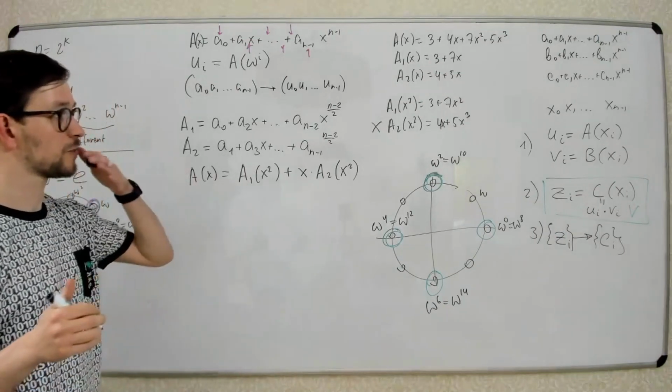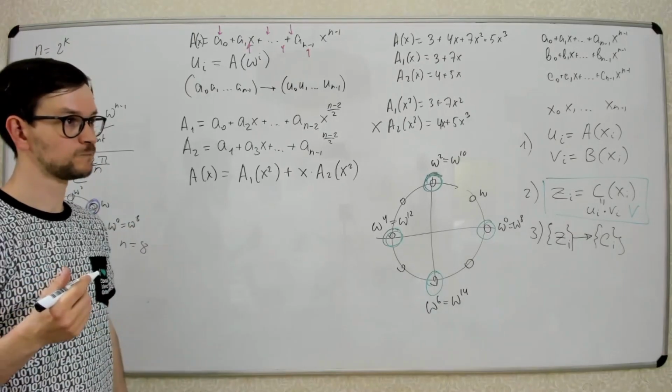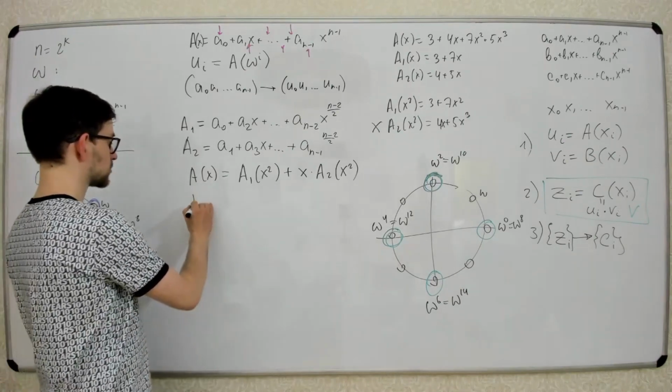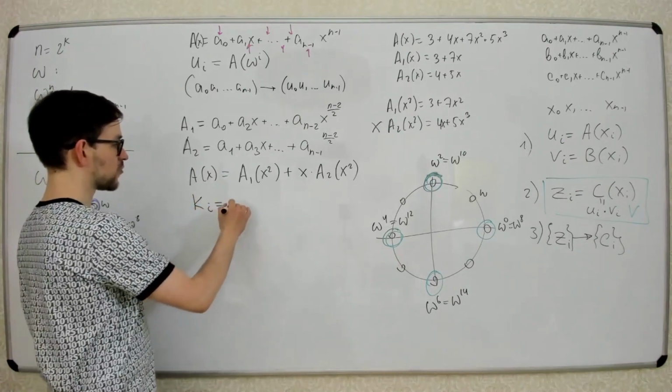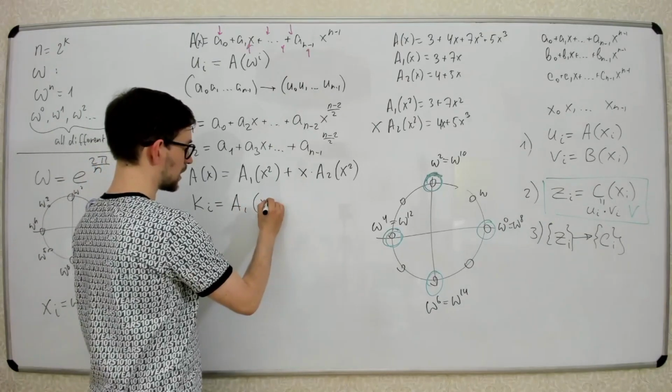We have the whole alphabet, right? So let's use letters. K. Why not? So let's say ki is the value of polynomial a in the point xi squared.